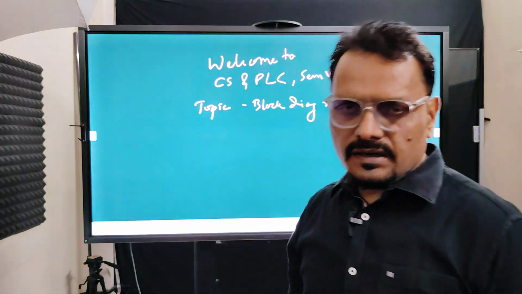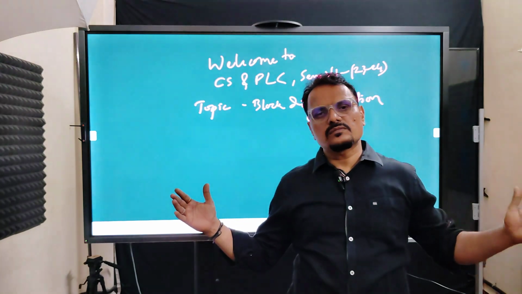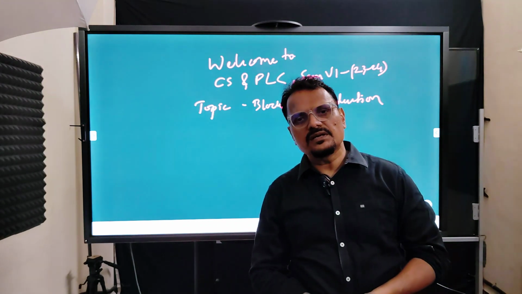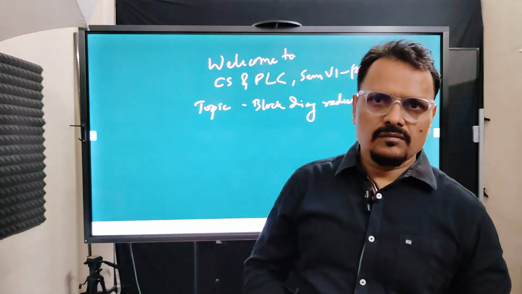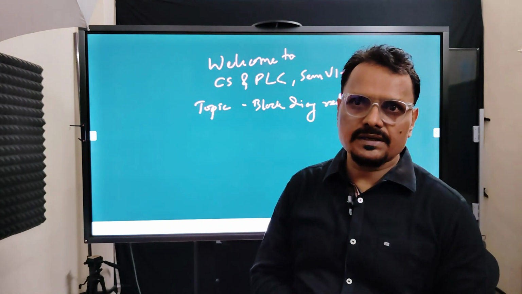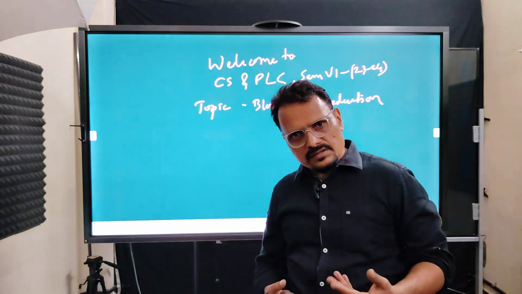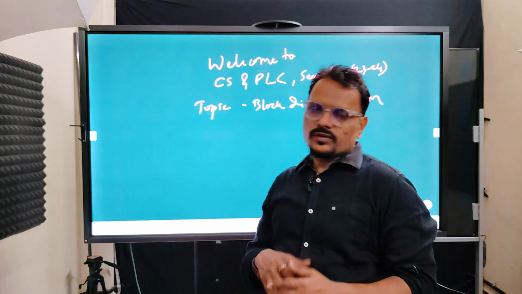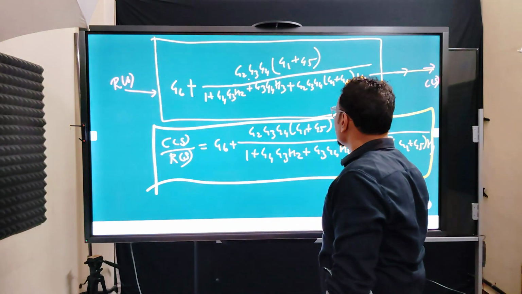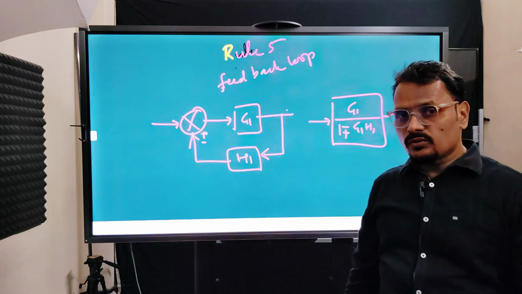We say that in control systems it is very necessary for us to reduce a system of multiple block diagrams into one block diagram, so that parameters such as its performance, frequency response, stability, and other criteria which we wanted to apply to analyze the system could be easily applied. We started with an example, and while solving it we have come across certain rules, as I told you.